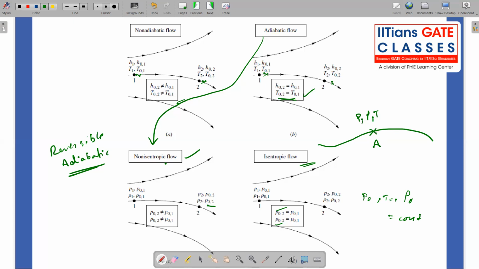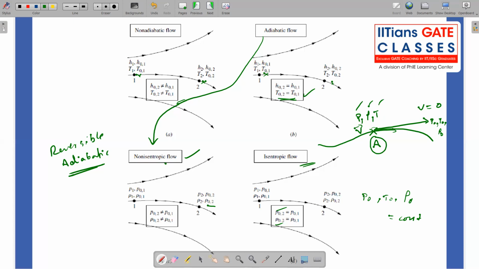I don't know whether it is coming to rest in an adiabatic manner or isentropic manner, but if I define it such that my flow is coming to rest from this pressure, density, and temperature, to velocity equal to 0, so I have some velocity v at this point, and it is coming to rest in an isentropic nature in a steady flow field with no friction and no body force, then whatever state it attains, P naught, T naught, and rho naught, those are the stagnation properties for a fluid element at point A, right?